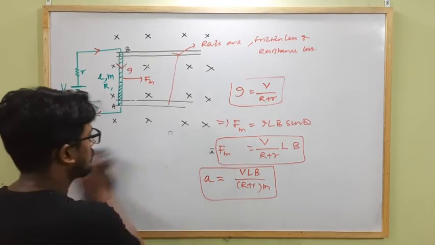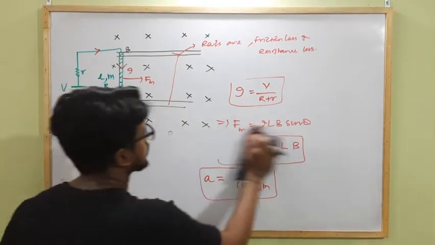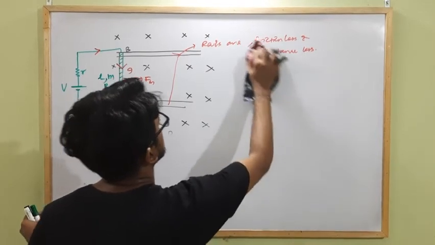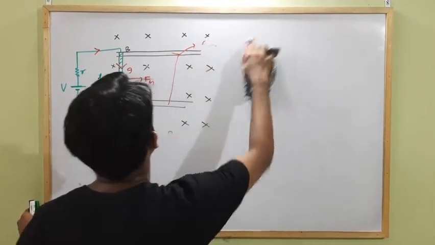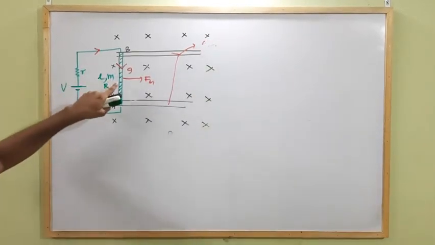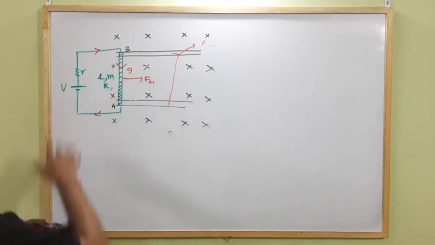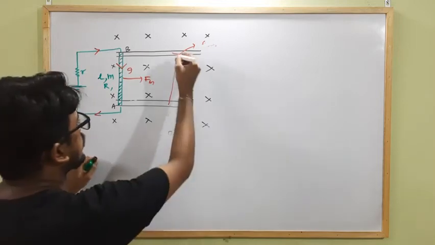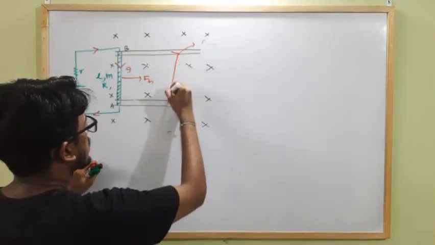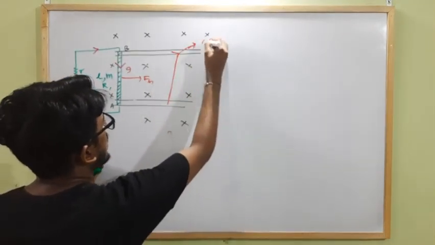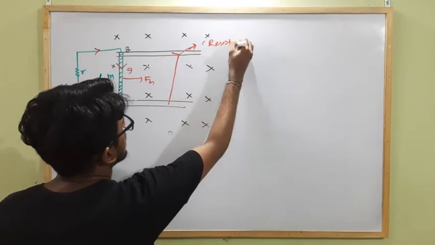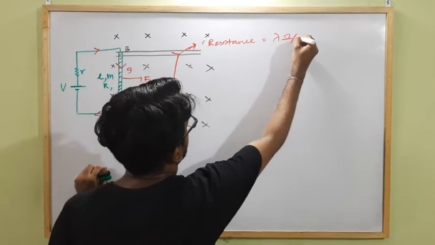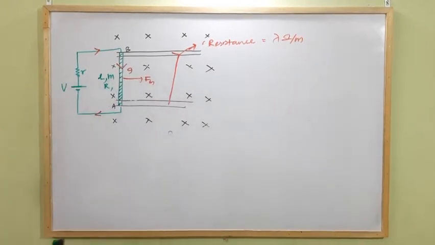So now the same question. Here is a rod of length L, current I is flowing through it like this, but now these two rails have resistance lambda ohm per meter.